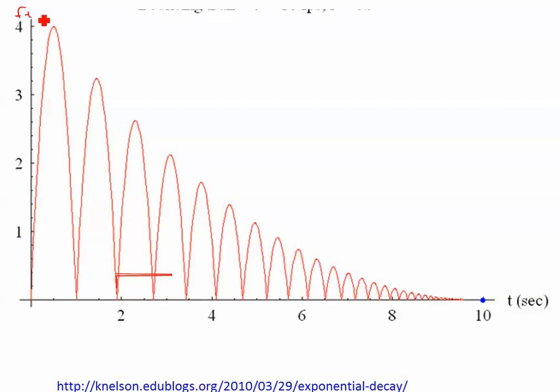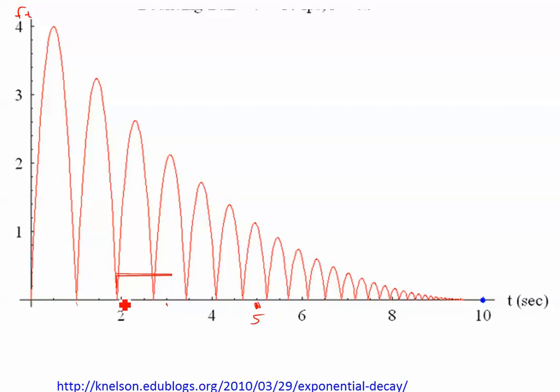How many times does the ball bounce in the first 5 seconds? Well, let's see if we can find where 5 seconds is. There's 2, 4, so it looks like every 2 is 1. So 1, 2, 3, 4, 5. So there's 5 seconds. How many times does it bounce?